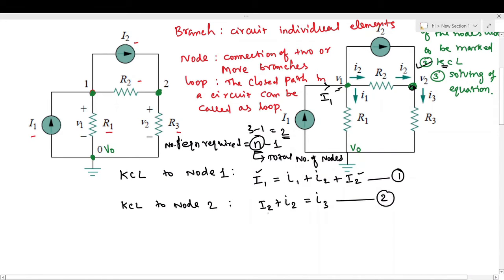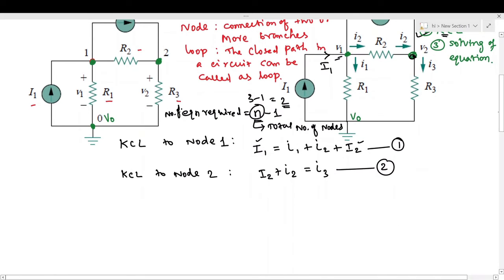Now we will express the current values, that is small I1, small I2 and small I3, individually using the potential difference and the resistance values. First we will find the value of current small I1.